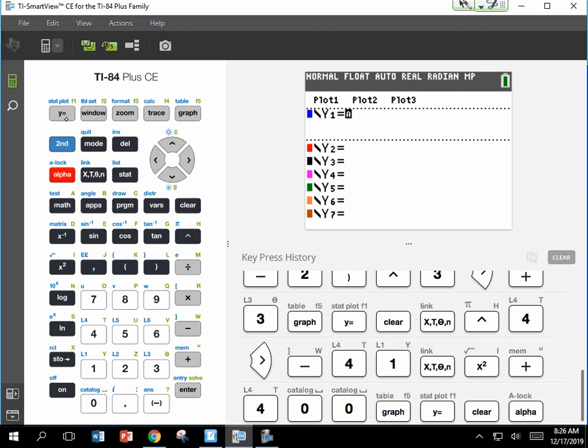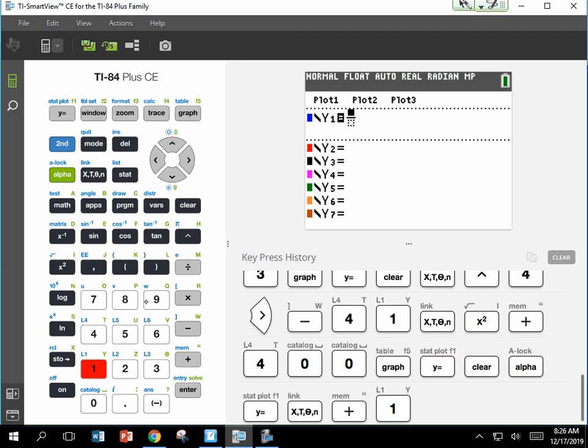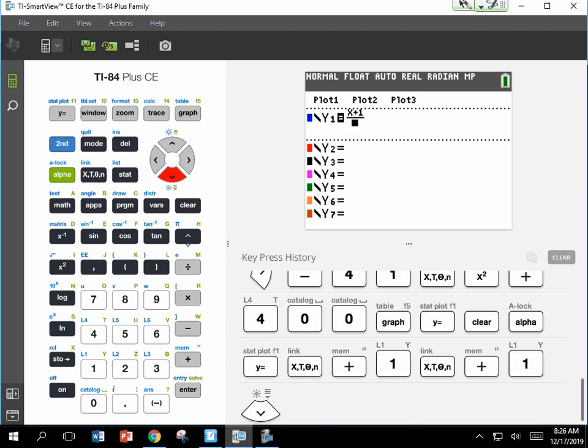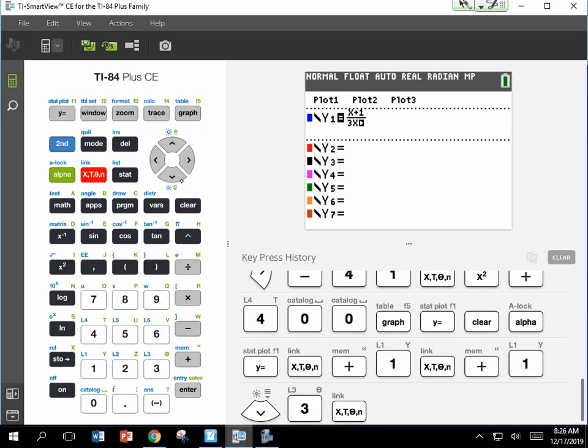So y equals x plus 1. All right, let's try that again. X plus 1 over 3x minus 3 over 4x. So get out of the fraction.